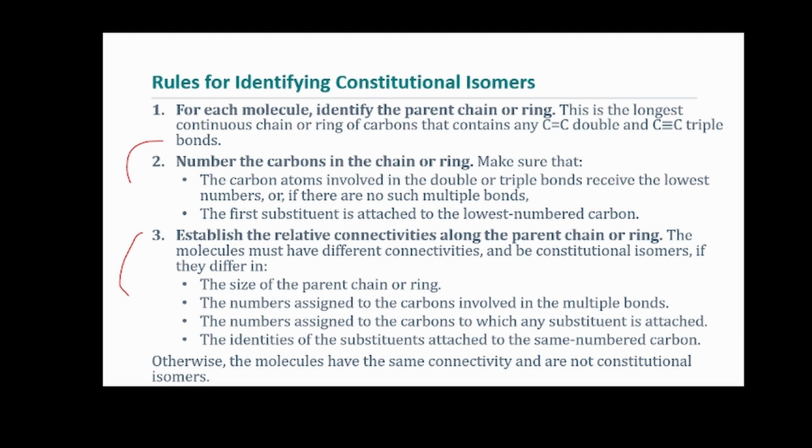Note, by the way, that if you want, you can just wholesale write out the name for this. If you just sit there and write out IUPAC names for everything, you'll end up getting this, because you'd end up with the same IUPAC name if you do all the rules right. If they're the same IUPAC name, can they be constitutional isomers? No, because they have the same connectivity, don't they?